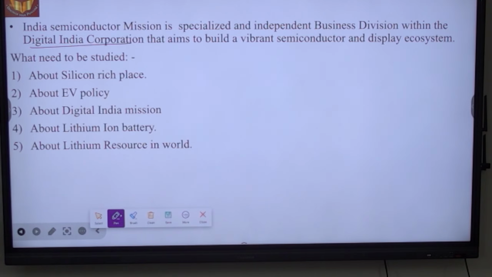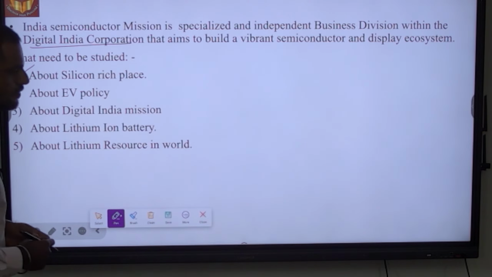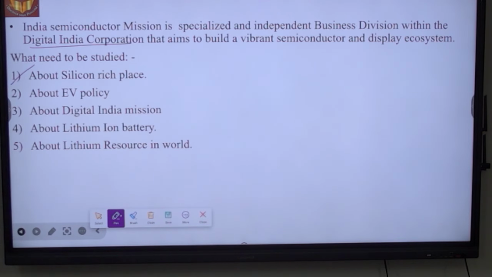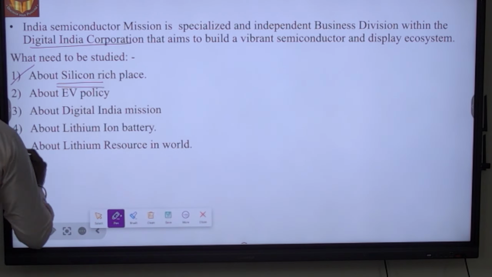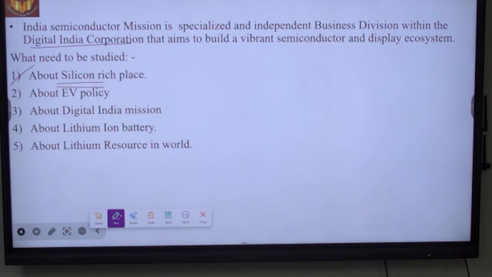So what are the other things we should know? Since the semiconductor is made up of silicon, the important component for manufacturing of chips, we have to know which region has the highest resource of silicon. And also we should know about the electric vehicle policy of the Government of India.